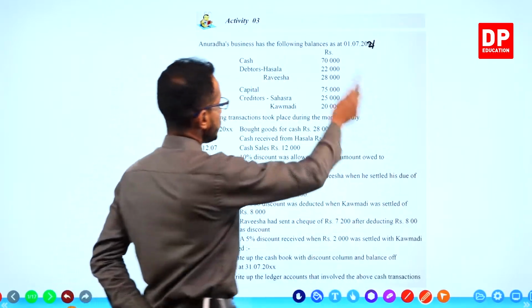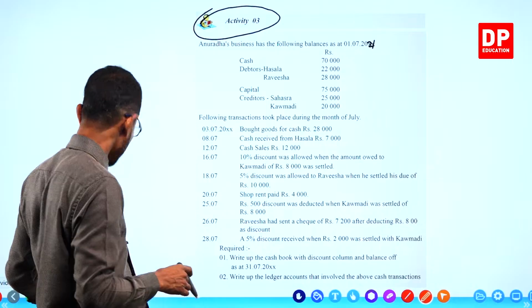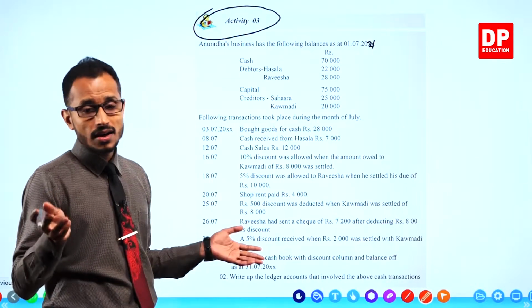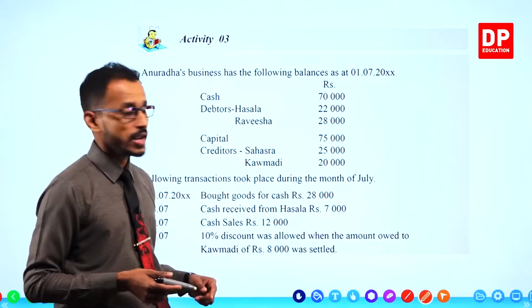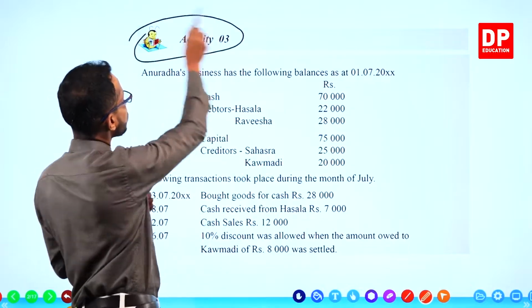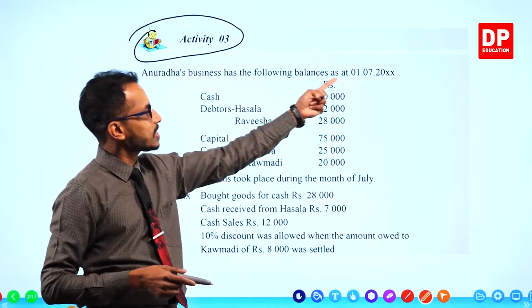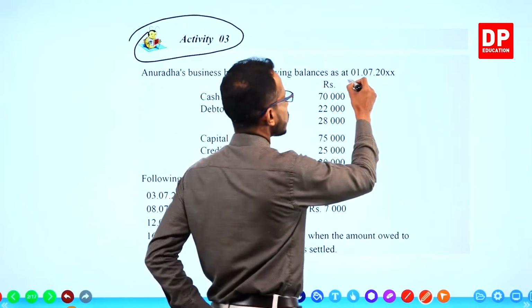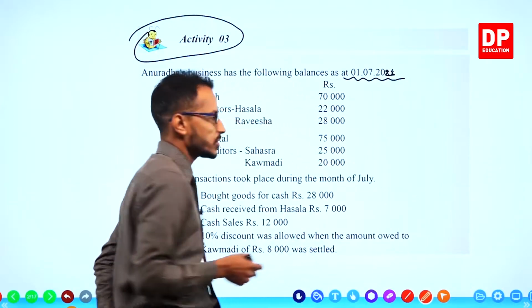Now, this entire activity I have separated into 2 sections just for your convenience and for your better viewing. Likewise, Anuradha's business has the following balances as at 1st July 2021.